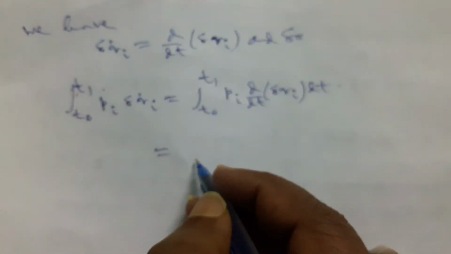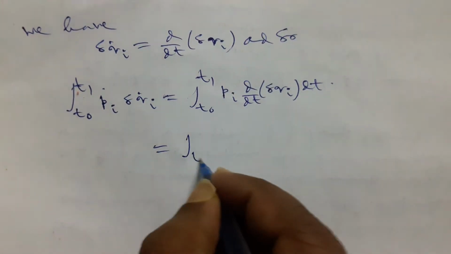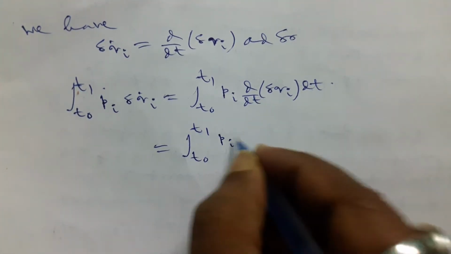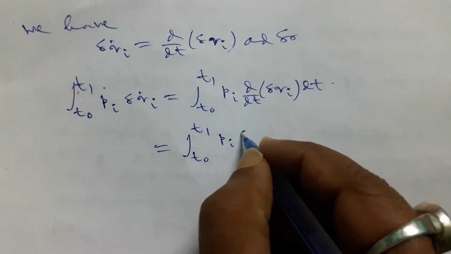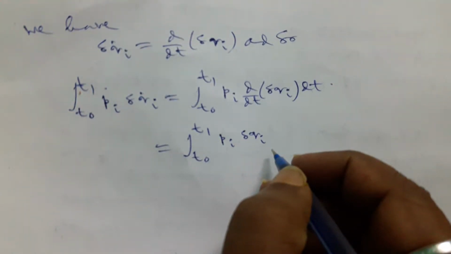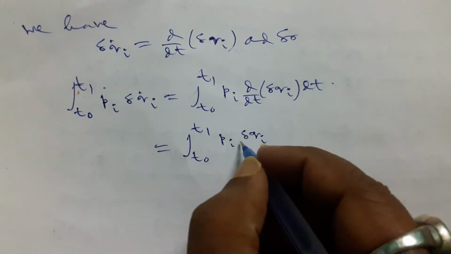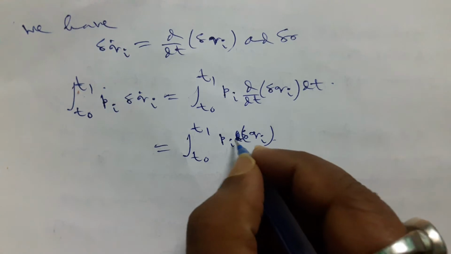So that will be the integral t0 to t1 of pi, for d of del qi. That is a function of d of del qi.